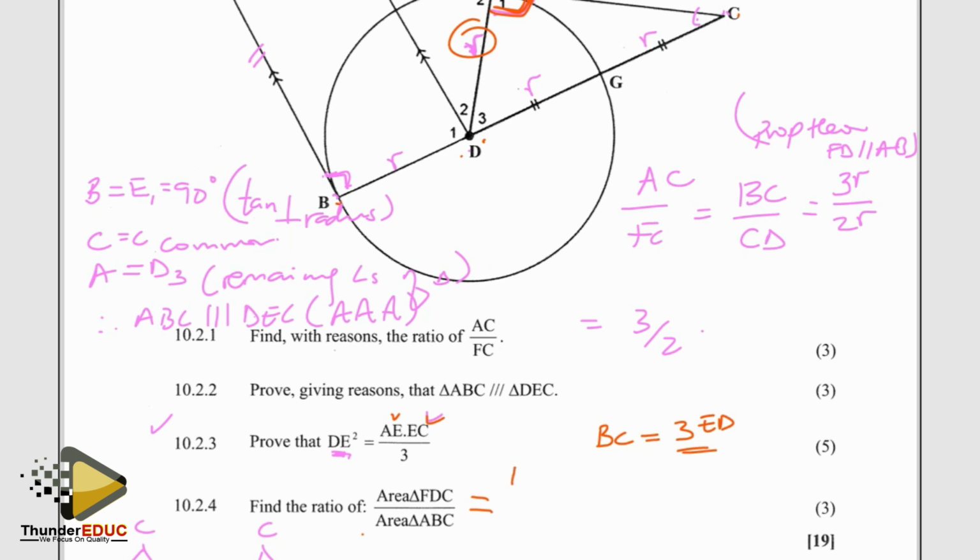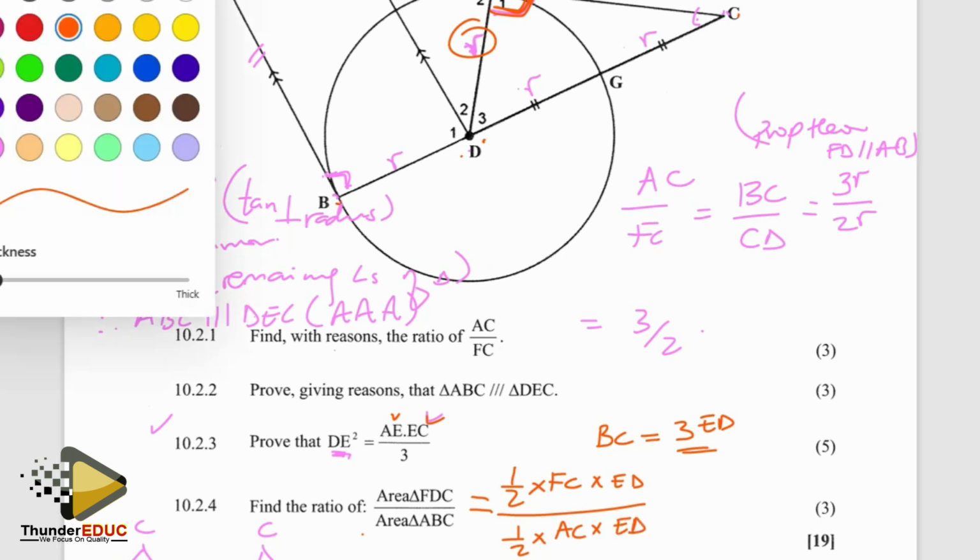So I'll say it's a half multiplied by the base, which is gonna be now FC, multiplied by the height, which is ED, divided by a half. I'm still gonna take AC to be my base, which is AC, multiplied by the height, which is still the same height, which is ED.